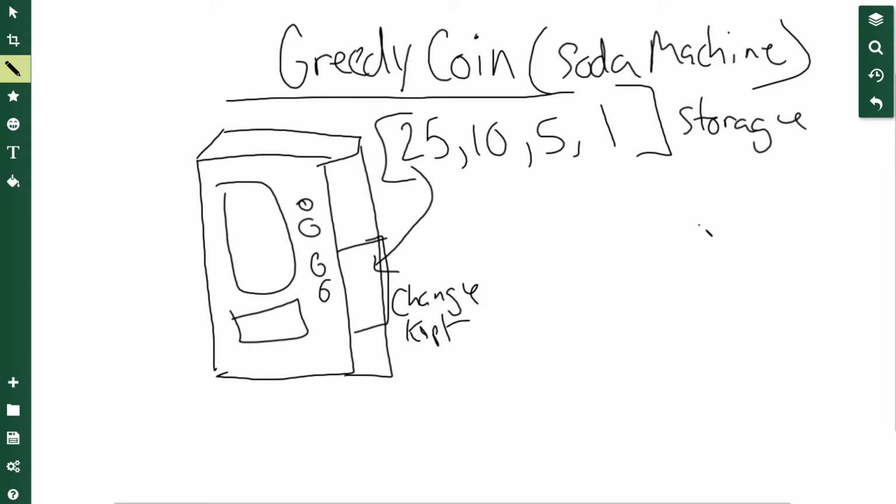So a couple things that we can think about would be, what if we always try, again, the biggest coin first, right? So we can basically say, while true, essentially try giving people 25 cents.